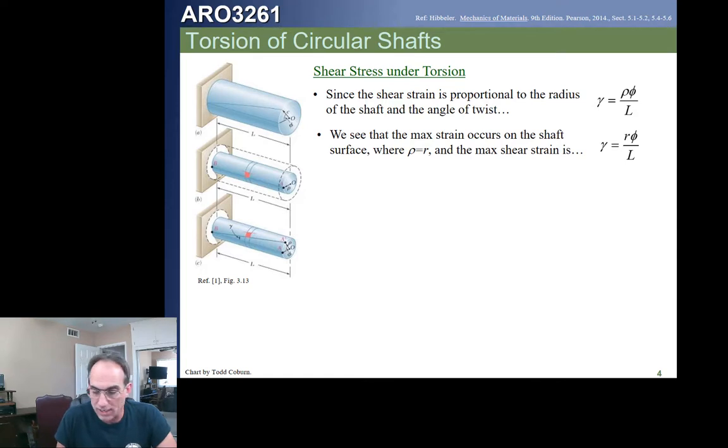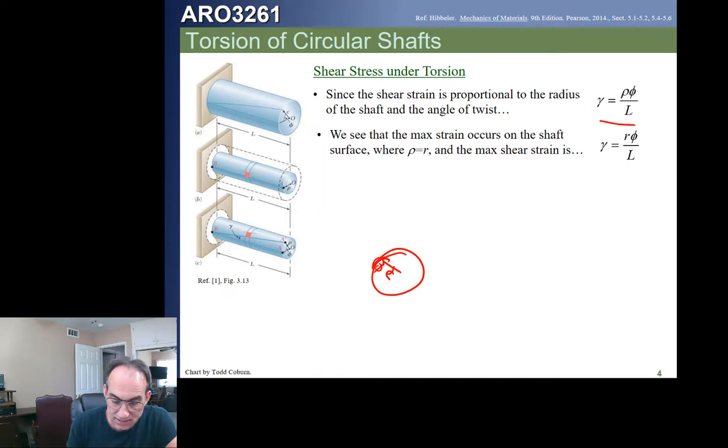If we look at this angle of twist, if we look at the end of this thing, since our shear strain is this radius rho, and this is the angle of twist phi, so rho phi is that little ds over L.